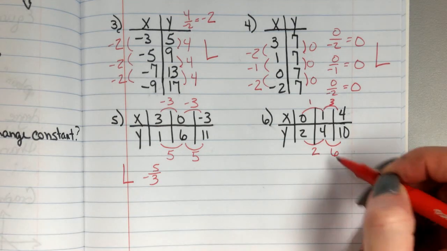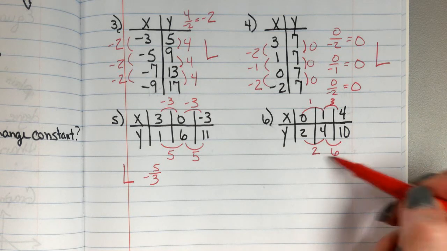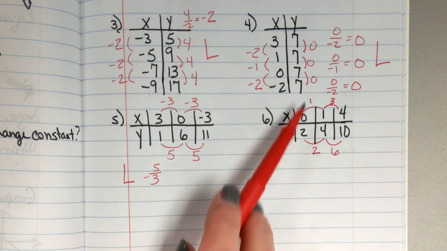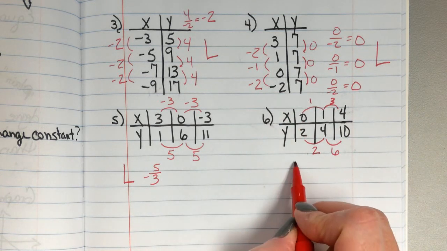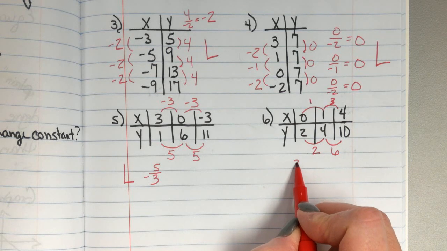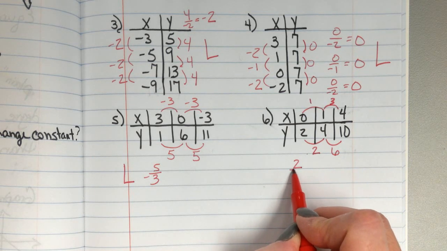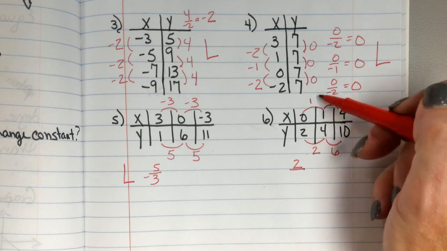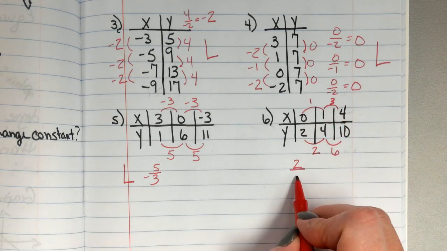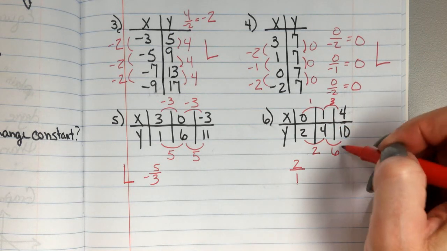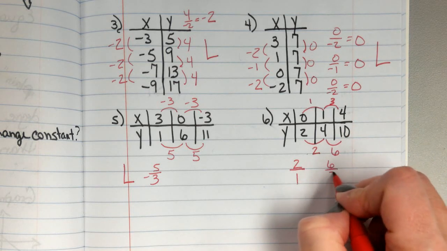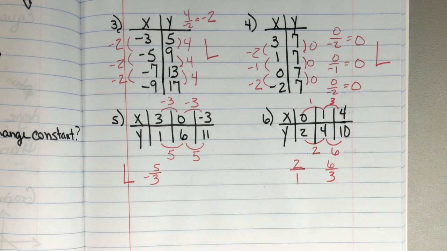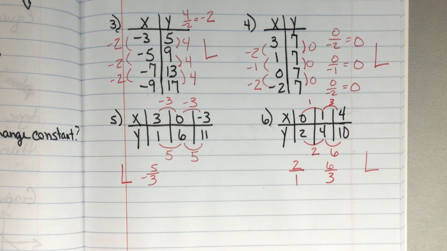All right, so what is the rate of change on this first part? Yeah, well, the rate of change on this first one would be 2 over 1, right? And then the second part is 6 over 3. But what does 6 over 3 reduce to? 2. So is it linear? Yes, because they both reduce down to 2.